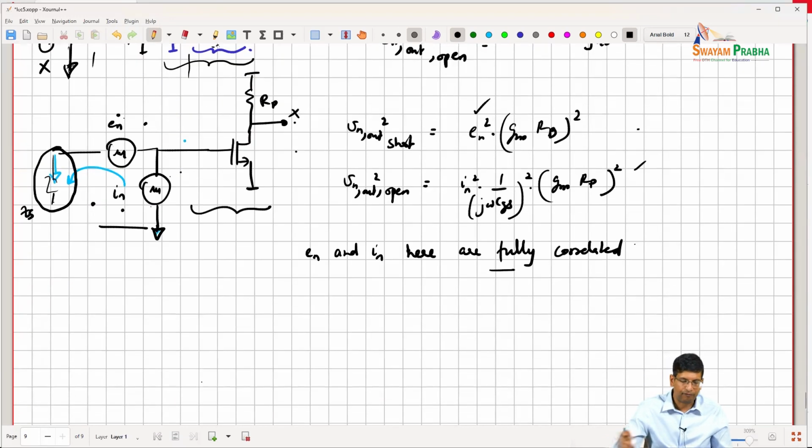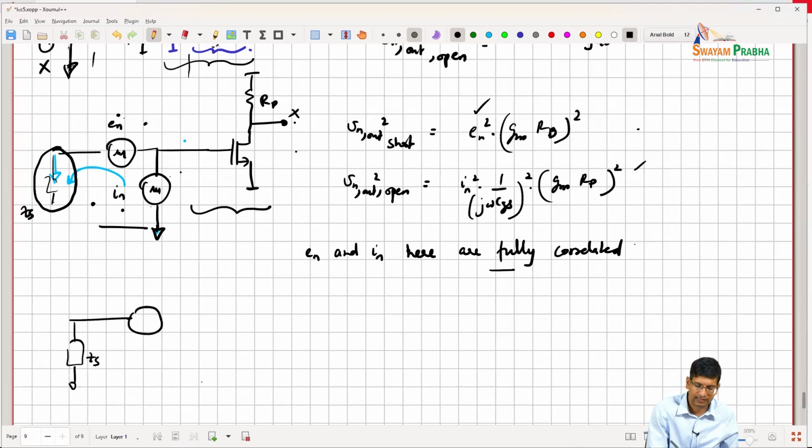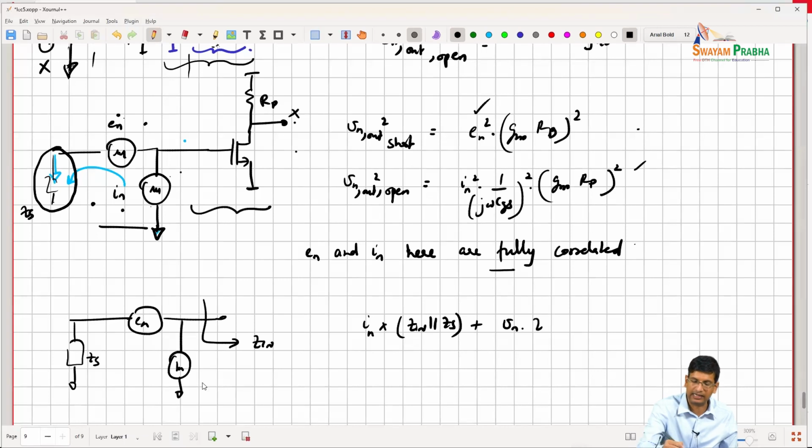So, if I have a certain Zs, right, and this is En, and looking in here I see a certain Zn, right, and this is In, the net effective voltage that I will see here will be In times Zn parallel Zs plus En times Zn divided by Zn plus Zs, right, the whole square.